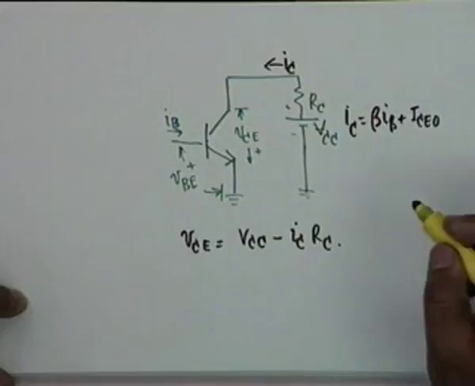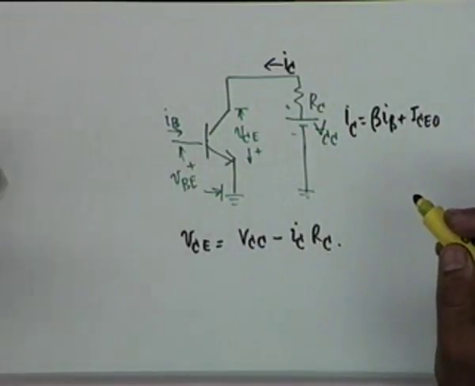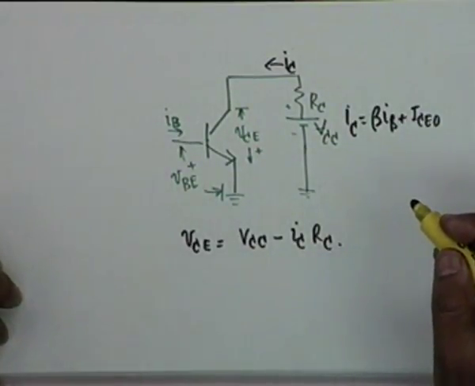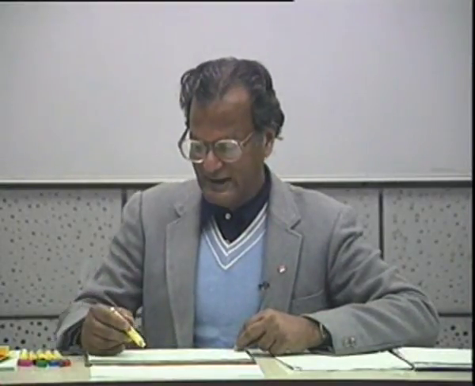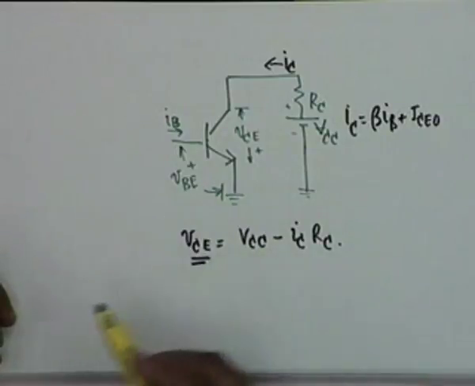All right. Now the question is, how much can we increase IB? As IB increases, IC increases, so VCE decreases, isn't that right?